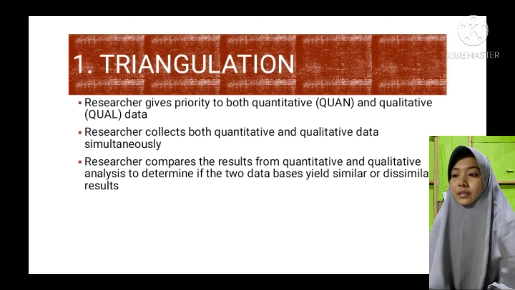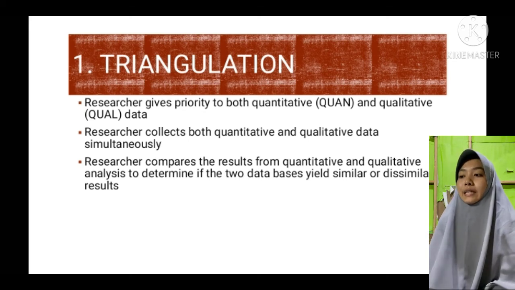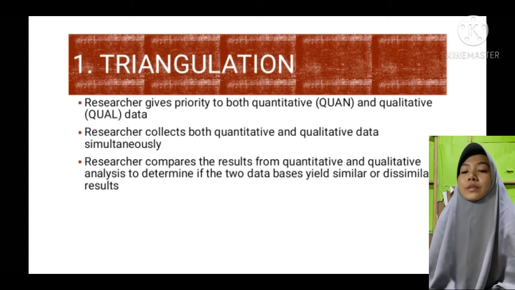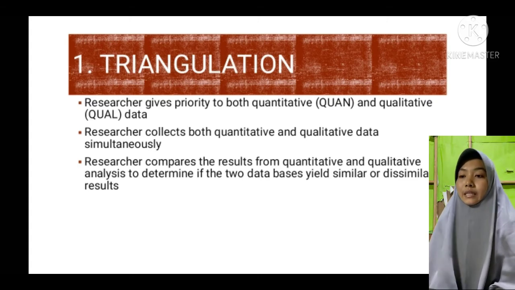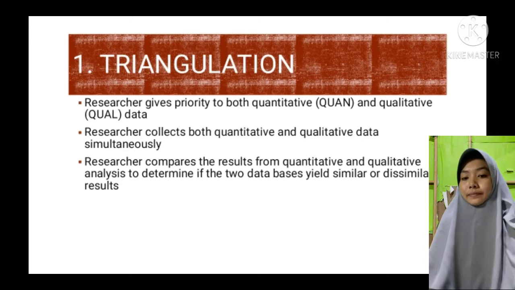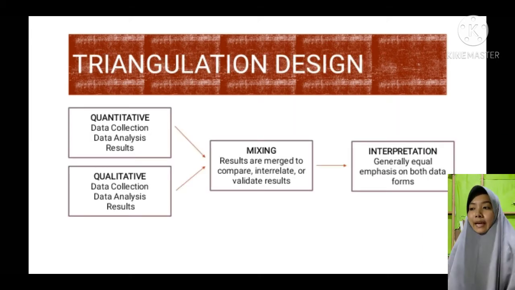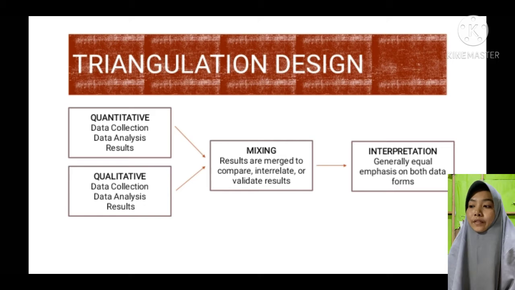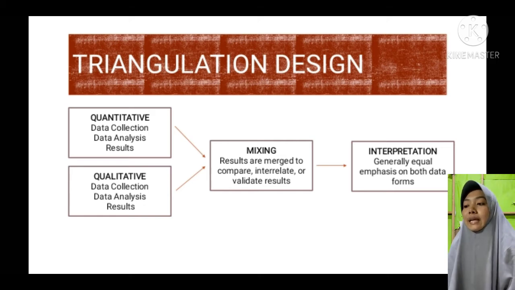Researchers compare the results from quantitative and qualitative analysis to determine if the two data bases yield similar or dissimilar results. Triangulation design: quantitative data collection and data analysis, qualitative data collection and data analysis.